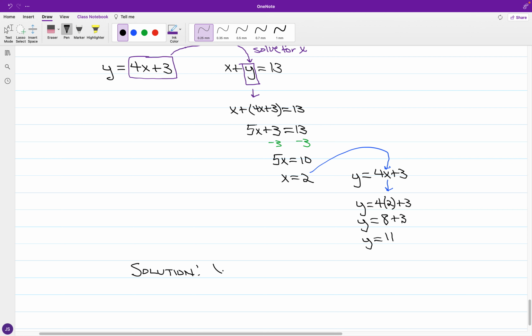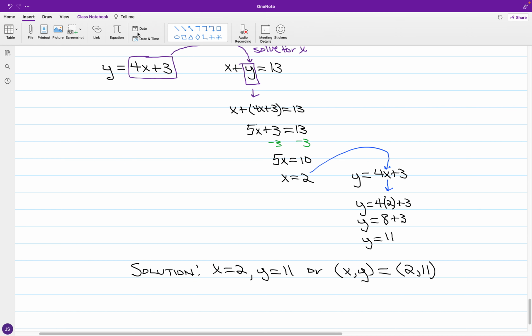So for the solution, we have x is equal to 2 and y is equal to 11. And again, just as an ordered pair, you have the solution point at (2, 11).